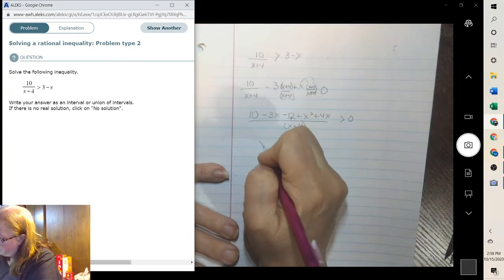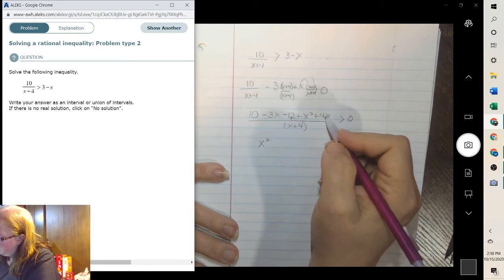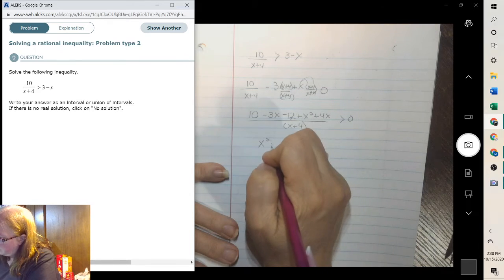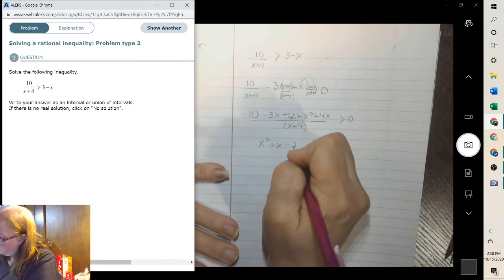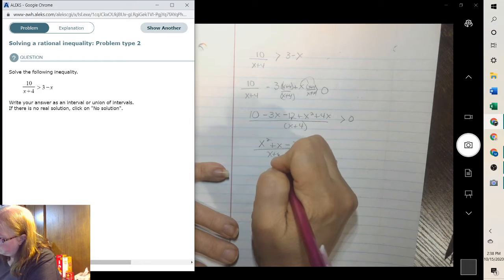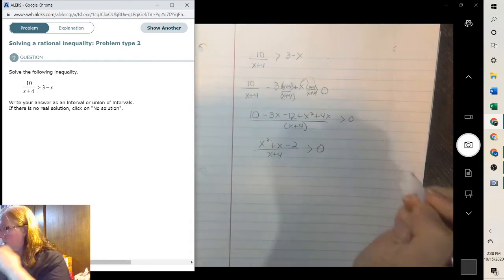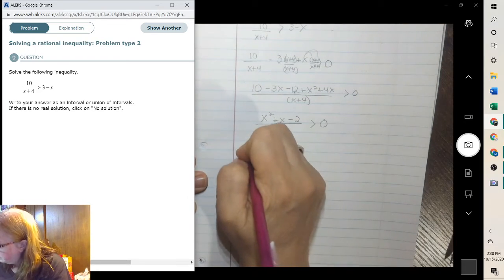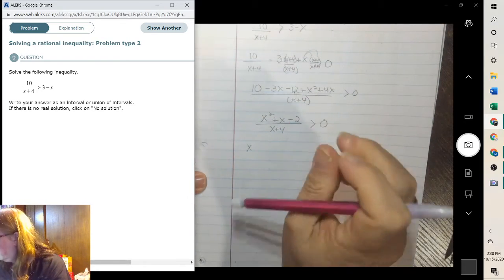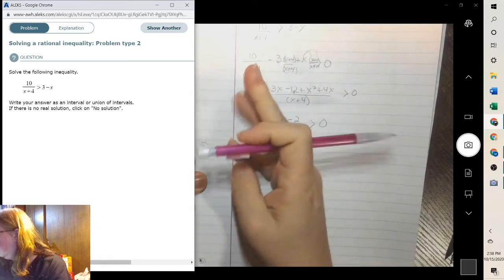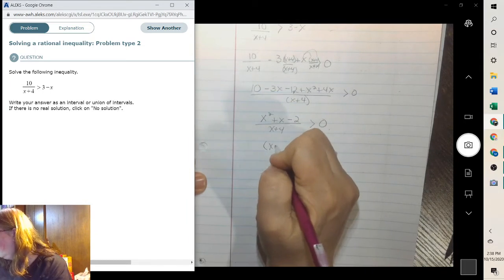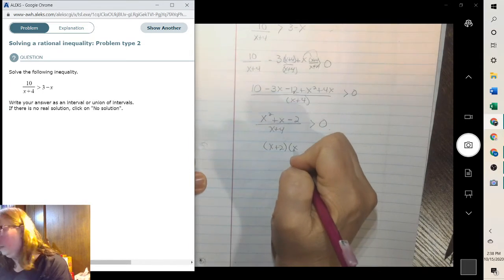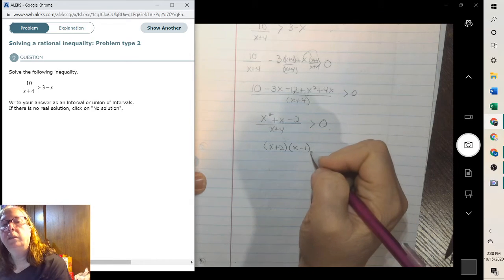Combine like terms, I have x squared plus x minus 2. Okay. Then we want to set them equal to 0. I'm going to factor that first. It factors into x plus 2 and x minus 1.